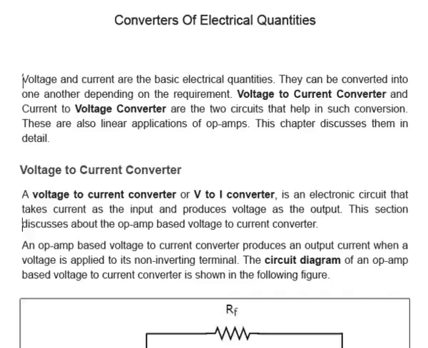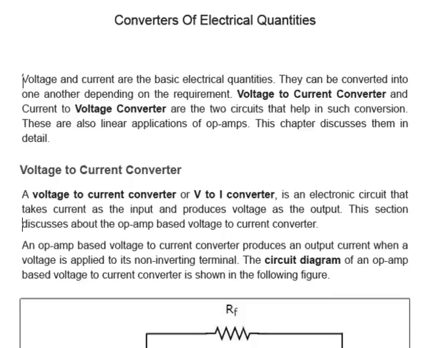So voltage to current converter and current to voltage converter are the two circuits that help in such conversion. These are also linear applications of an OPAMP. So in this chapter, I will discuss in detail, firstly, the voltage to current converter.